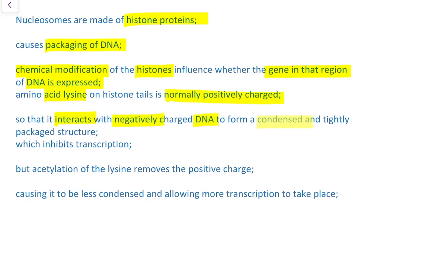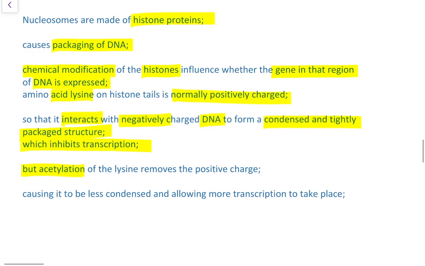That would form a condensed, tightly packaged structure which would inhibit transcription. But if you acetylate the lysine, that would remove the positive charge, causing it to be less condensed, looser, and allowing more transcription to take place.